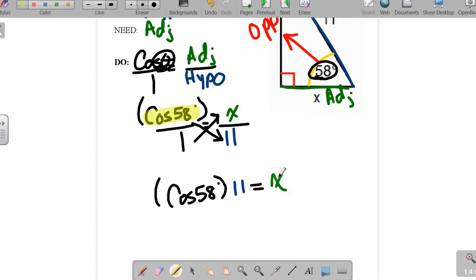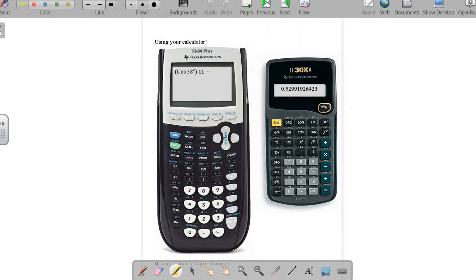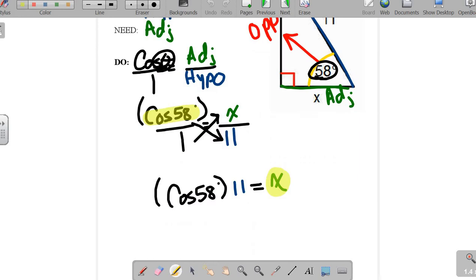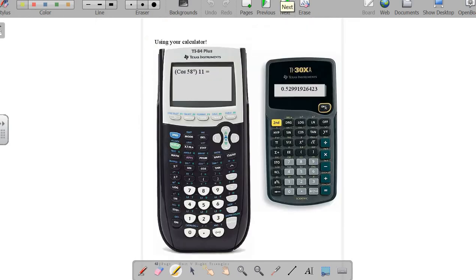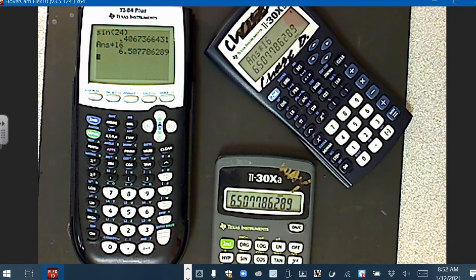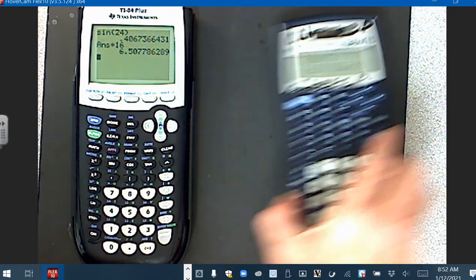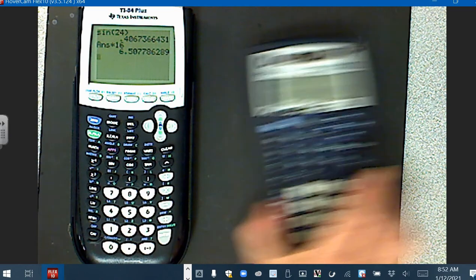Again, you never touch a calculator until your variable is by itself. So we're going to do cosine 58 degrees times 11. I'll show you how to do that on both calculators. This calculator and this one function exactly the same.